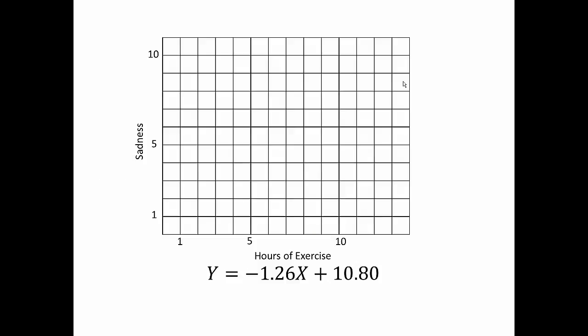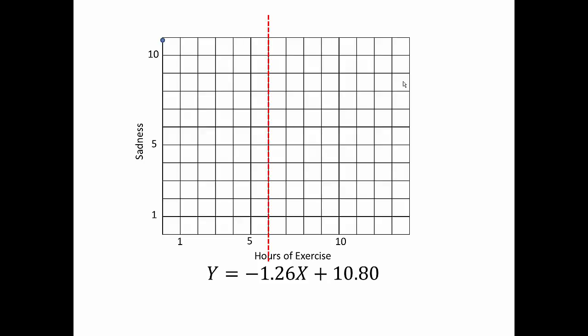Now the Y-intercept is really important for actually drawing the regression line. You know from our equation that the line is going to cross the y-axis at 10.8. Now, so you've got one dot. Now to draw a line, you need 2 data points. Pick any value you want for x. I'm going to pick 6.